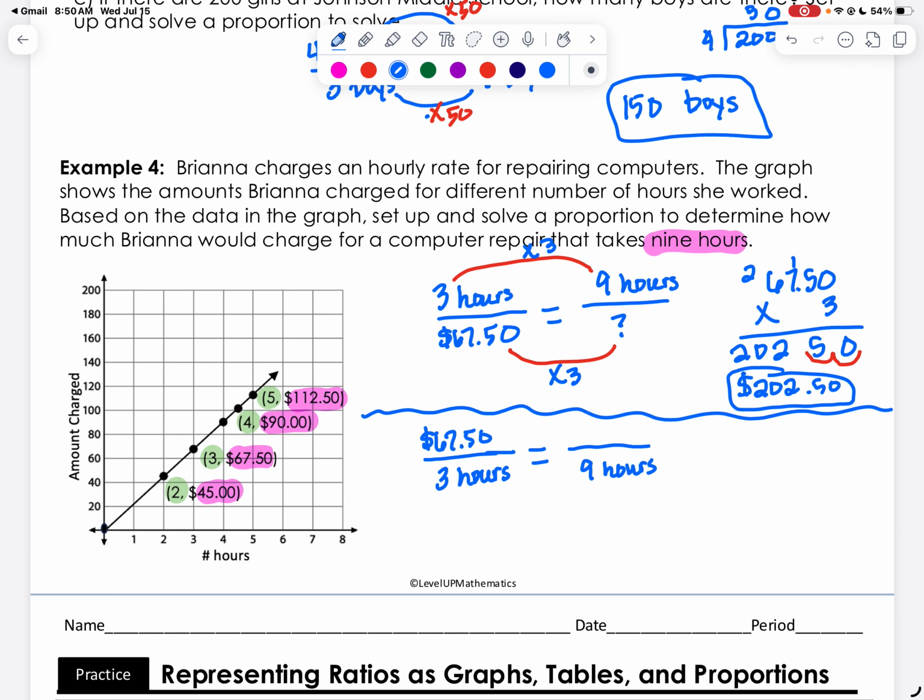So just be sure that if you've got hours on the bottom, in your second ratio the hours better be on the bottom again. I would still scale by 3. I would still scale the top by 3. Either way, it's going to work out to $202.50. All right, and that concludes today's lesson, Represented Ratios with Tables, Graphs, and Proportions.